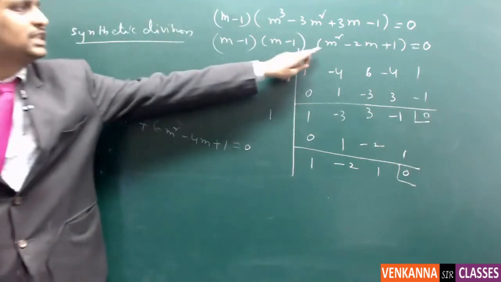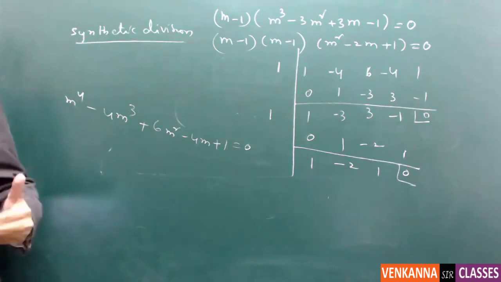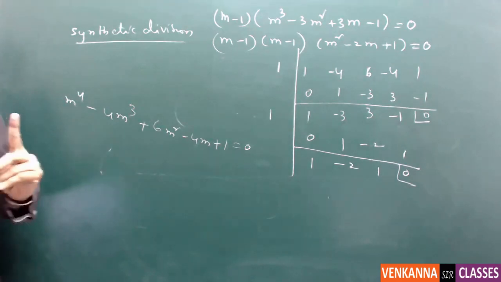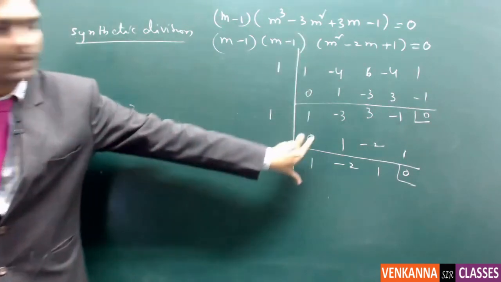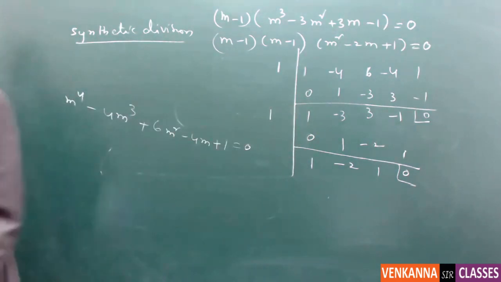So it is easy to bifurcate here. Whenever a higher degree equation is there, if you know one root, we apply the division method so that you are going to find the remaining roots. Okay?